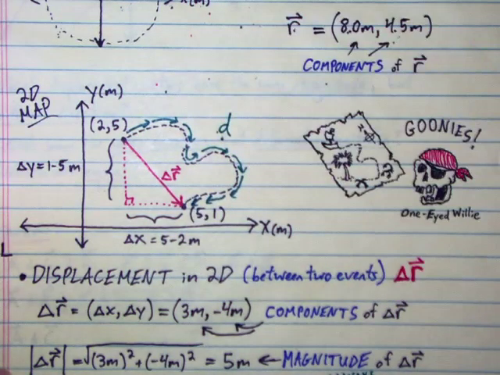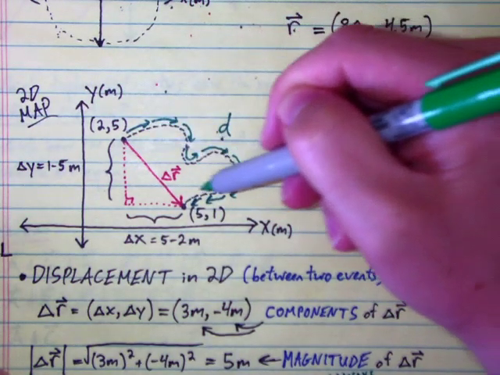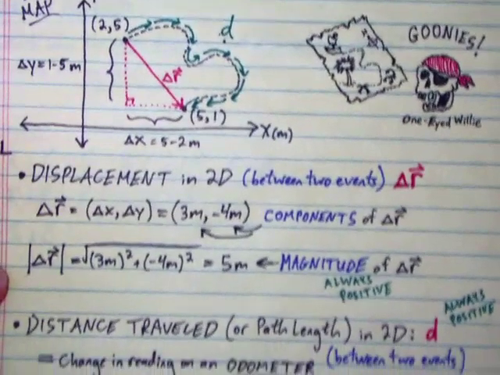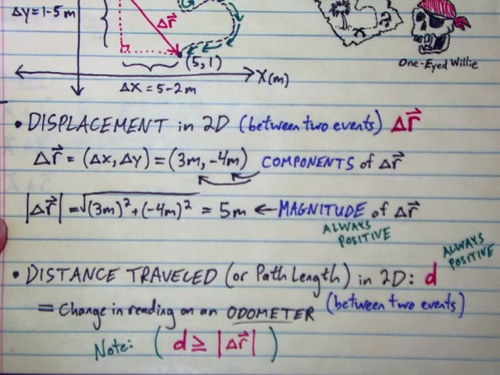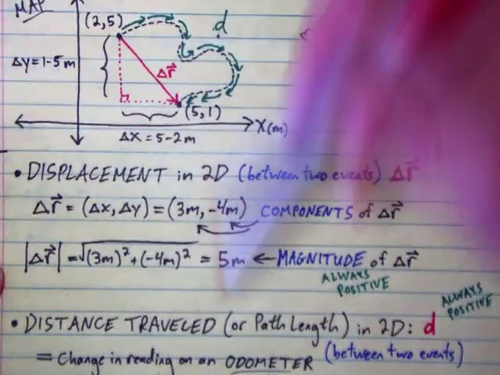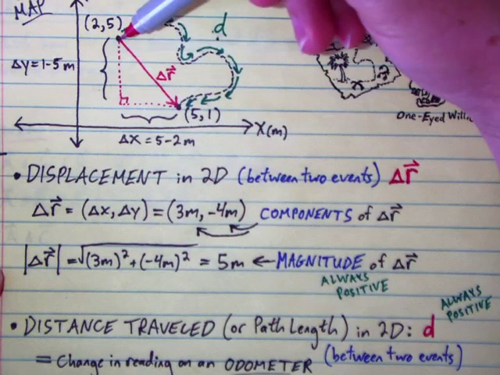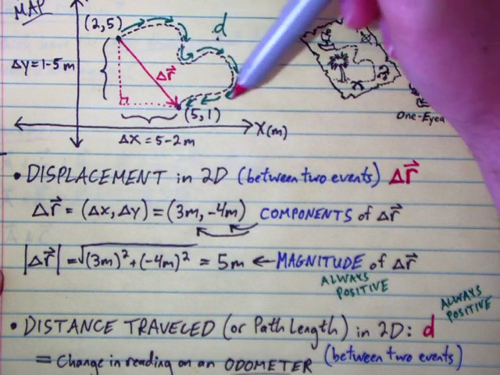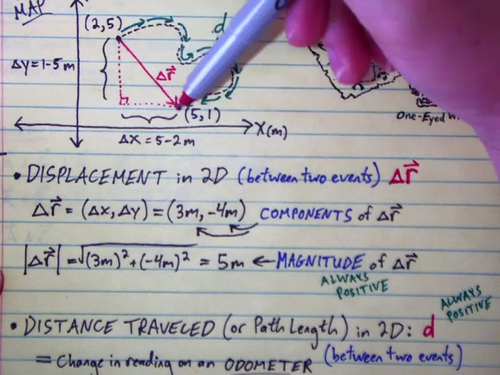That is d, your distance traveled. It can be quite long, longer than our displacement. In general, the distance traveled has to be greater than or equal to the magnitude of your displacement. The shortest path from A to B is going in a straight line. So if you move in a straight line, your distance traveled is the same as the displacement. But if you don't move in a straight line, your distance traveled will be greater than the displacement.